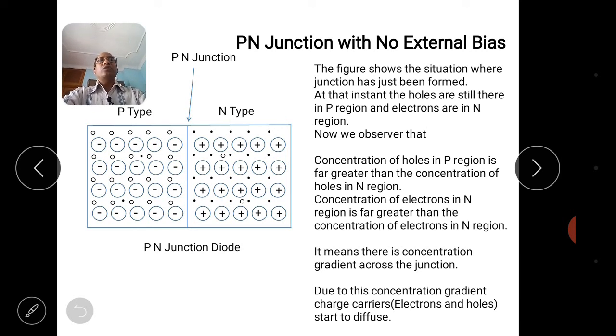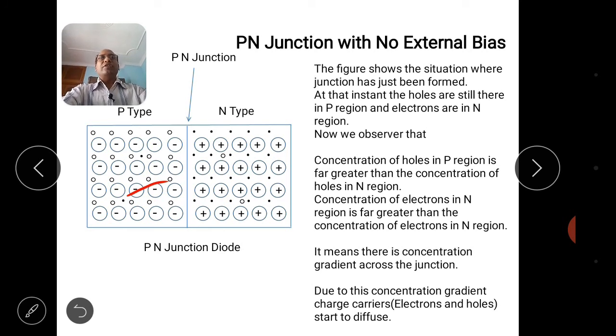The figure shows the situation where the junction has just been formed. At that instant, the holes are still in the p region and electrons are in the n region. Now we observe that the concentration of holes in the p region is far greater than the concentration of holes in the n region.